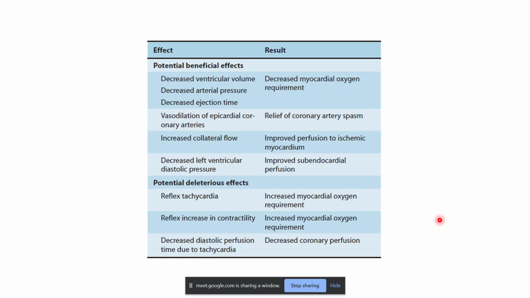In heart failure, preload is often abnormally high. Nitroglycerin and other vasodilators, by reducing preload, may have a beneficial effect on cardiac output in these conditions.